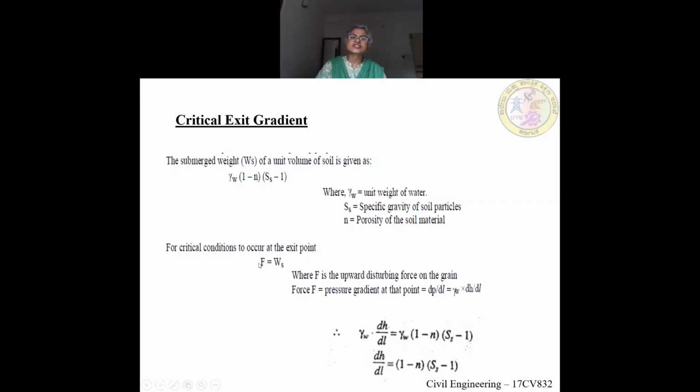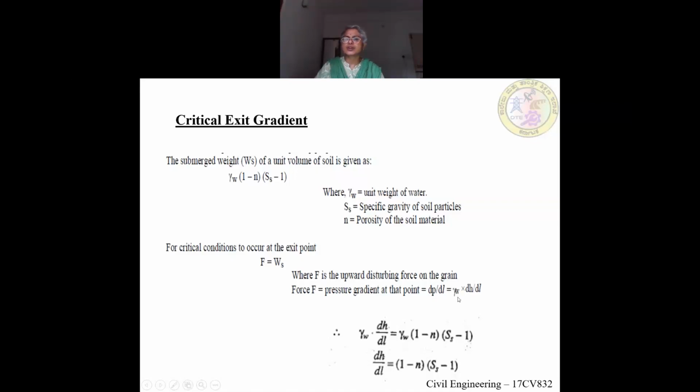For critical conditions to occur, this force F, which is at the exit point, should be equal to this submerged weight Ws. So F is the upward disturbing force on the grain. The upward force F is the pressure gradient at the point, which is designated by dP by dL, where P is the pressure and L is the length of the water seepage.